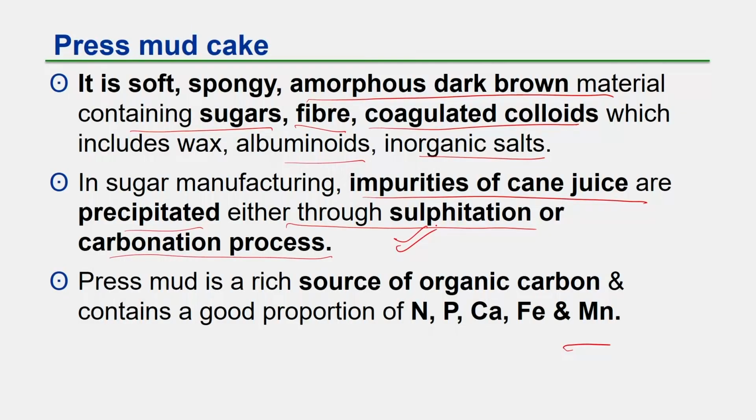In this case, sulfitation is the important one for the farmer because it increases the sulfur content in pressed mud. Pressed mud is a rich source of organic carbon. A sufficient quantity of carbon is present, and it contains a good proportion of nitrogen, phosphorus, calcium, iron and manganese. So many macro and micronutrients are present in this pressed mud. So it is a kind of organic manure.